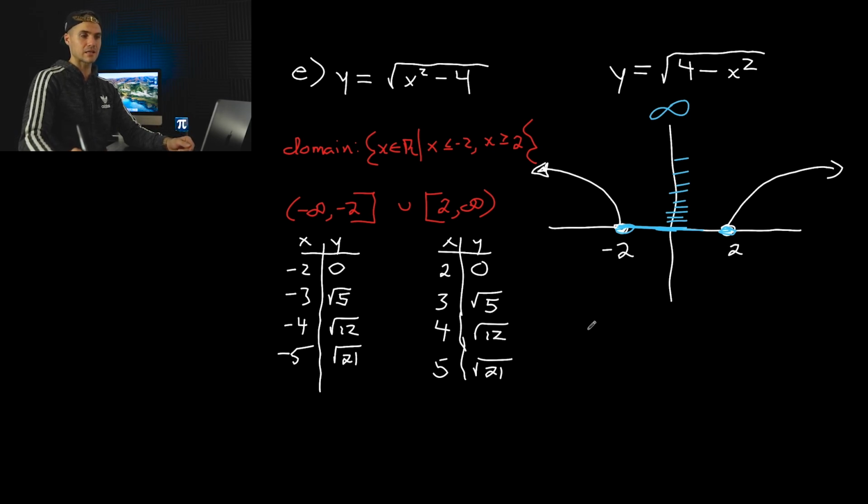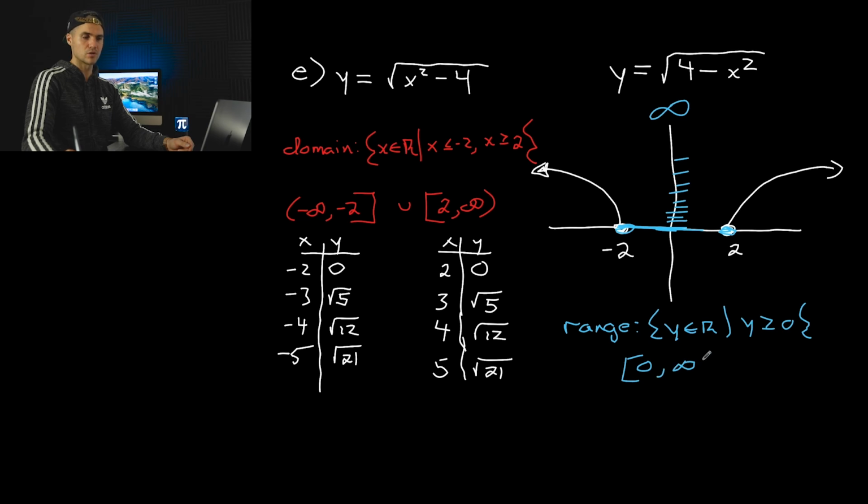And so basically, what the range is going to be is all of the y values that are greater than or equal to 0. Or we could say, in interval notation, from 0 to infinity, right? From 0, these 2 points, to positive infinity on both of these.